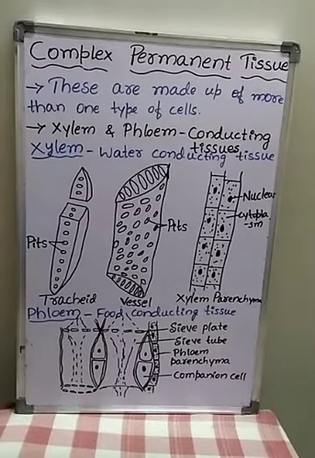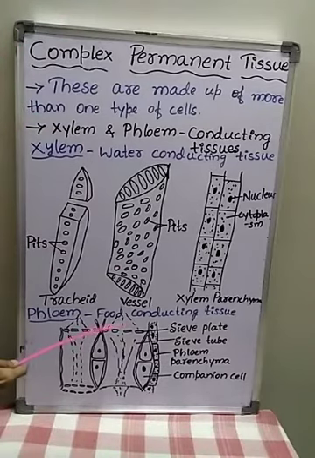The main function of phloem is conduction of food. Xylem always conducts water in only one direction, called unidirectional flow, that is, upward from root to tip of the plant.